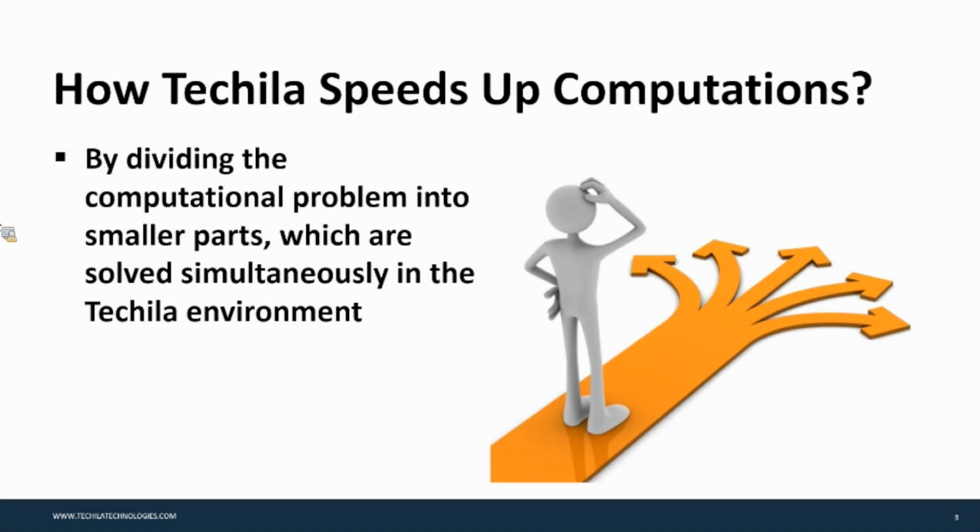So we are not just using one very heavy server which has 20 or 30 or 50 CPU cores. We are using several dozens or hundreds or thousands of different computers which all contribute to solving the computational problem, which has been divided into independent parts which can be executed on these workers.